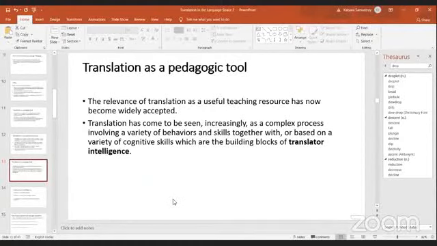Seasoned translators understand that the process is extremely complex, and it involves a variety of skills together with cognitive skills, which are the building blocks of translator intelligence, if I can use this terminology. I've never seen this terminology used before. So the translator develops a kind of intelligence, a communicative intelligence, using a variety of cognitive skills.